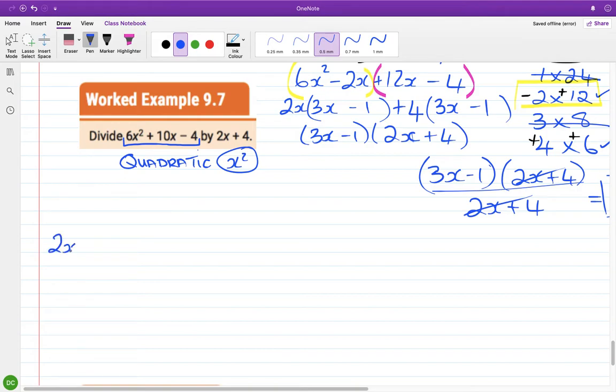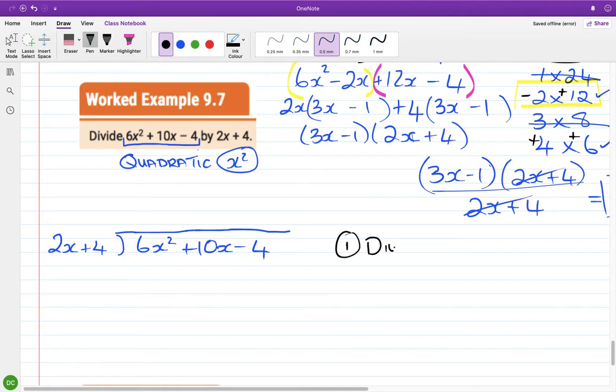So we're dividing 2x plus 4 into 6x squared plus 10x minus 4. Okay, so step 1 is to divide.